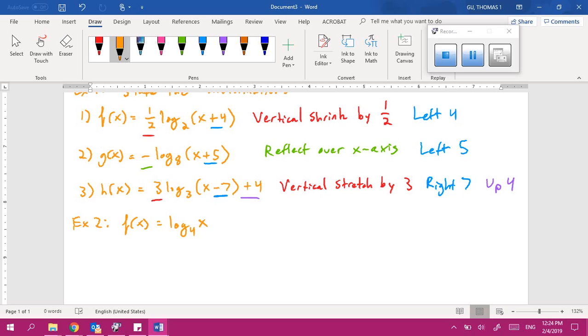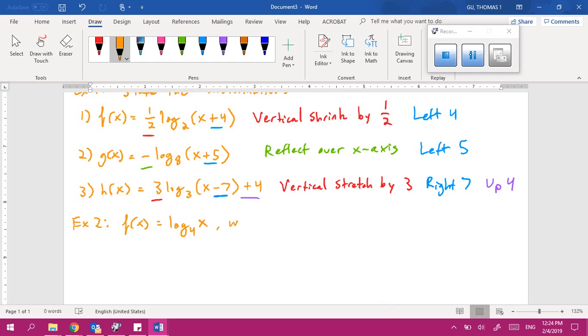What does that tell you to do? If log base 4 is in the original, then all of your transformations should have a base of 4. That's right. So pretty much it just tells you that your new function should also have a base of 4, because you're transforming this function.